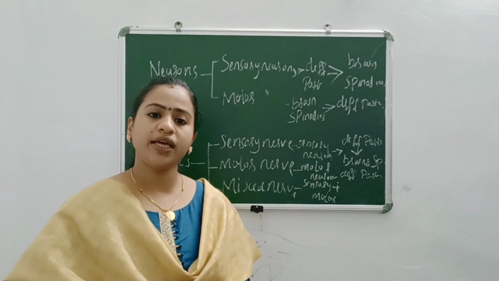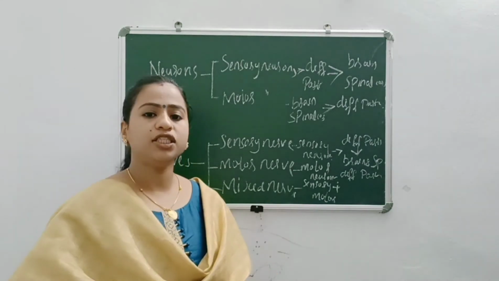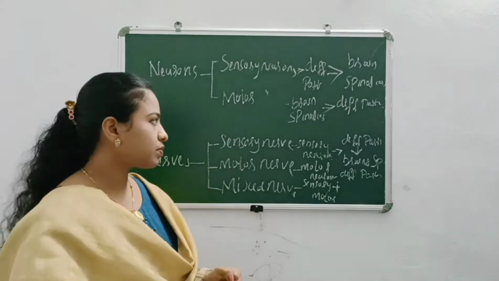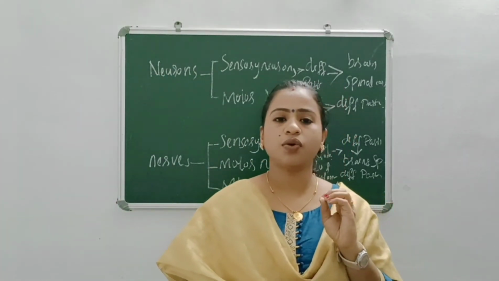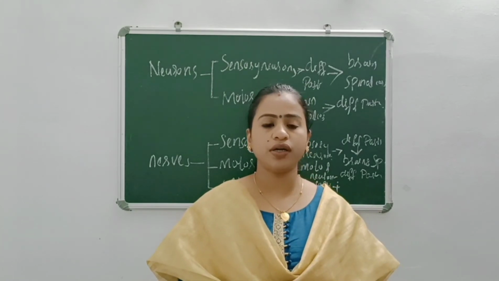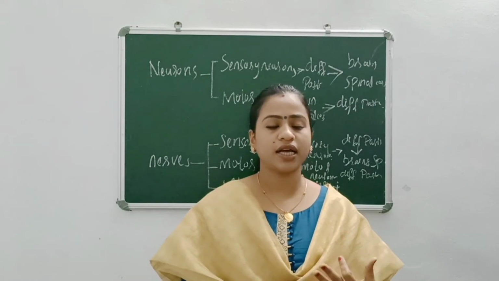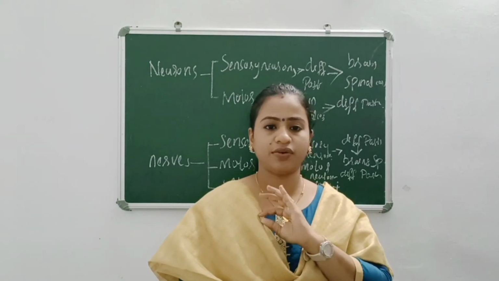Okay. So these are the classifications. The neurons are classified into two types: sensory neuron and motor neuron. Then the nerves are classified into three types: sensory nerve, motor nerve, mixed nerve.